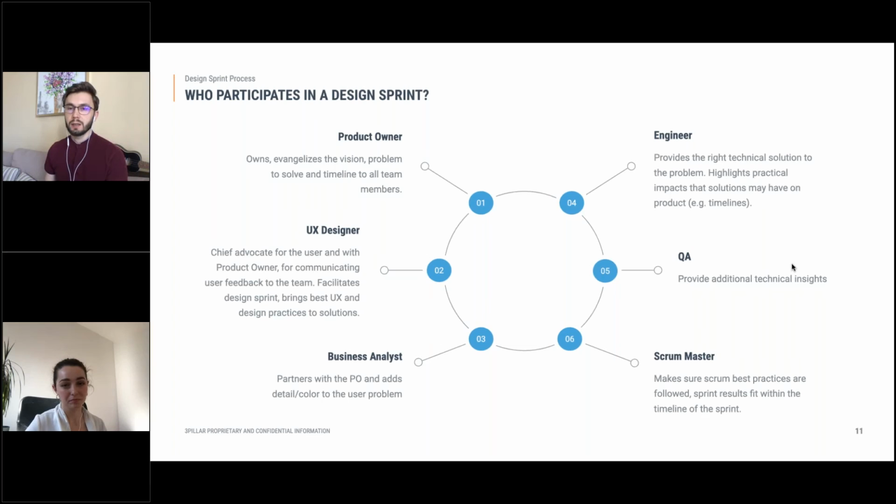I think the key aspect here is getting something out the door, something that is smaller. So by solving small, you can actually get it out the door faster. But a design sprint wouldn't be defined as just doing the whole design process, but really fast.